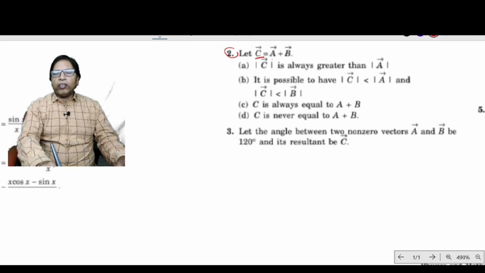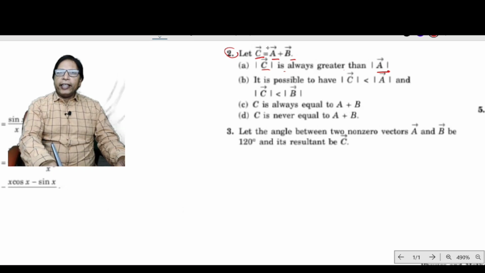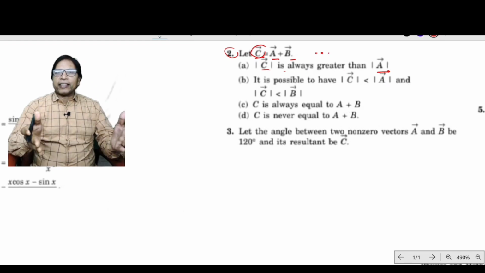Let C vector equal A vector plus B vector, and the modulus of C vector is always greater than the modulus of A vector. No, not correct. The resultant of two vectors may be greater, less or equal to a given vector.